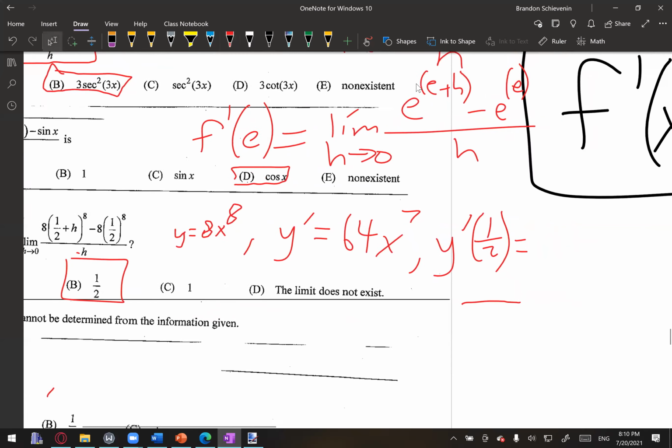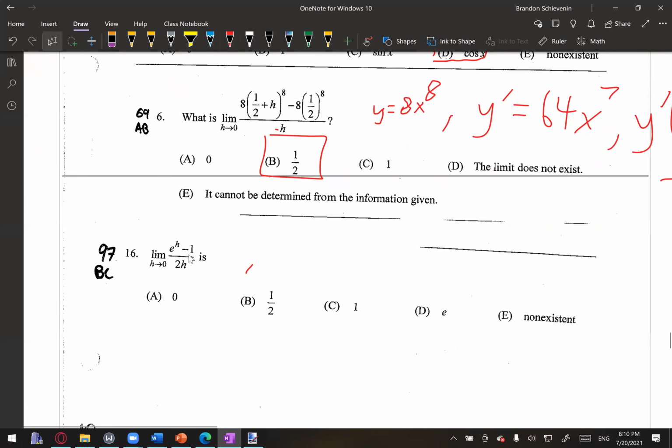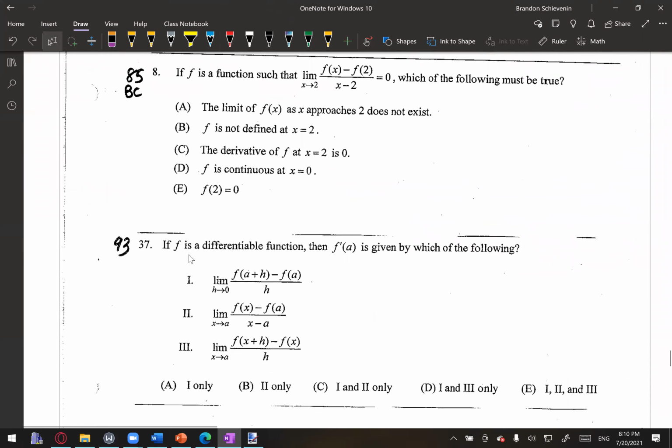I'm just going to write 2 to the 6 times 1 over 2 to the 7th. Gives me 1/2. Okay. I think you're okay on this section now.